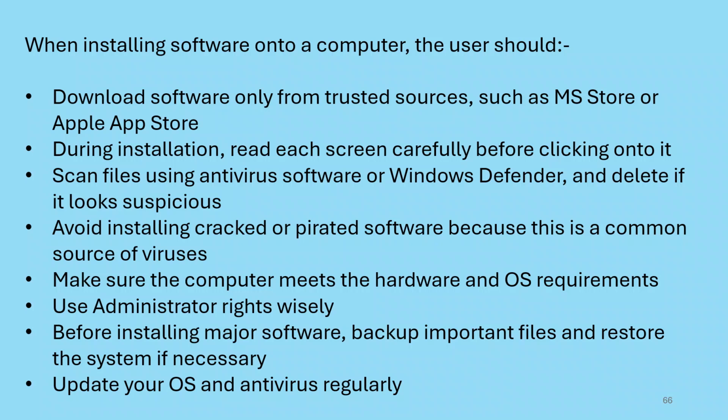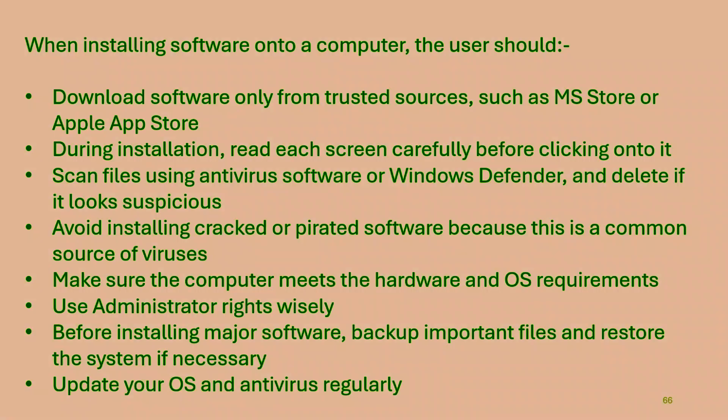You should only download software from your Windows Microsoft Store or your Apple App Store, because you need to make sure that the software you download is trusted. And me personally, I don't like to download software. I prefer to use the software online if I can.